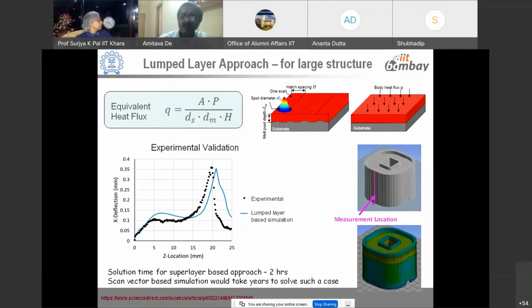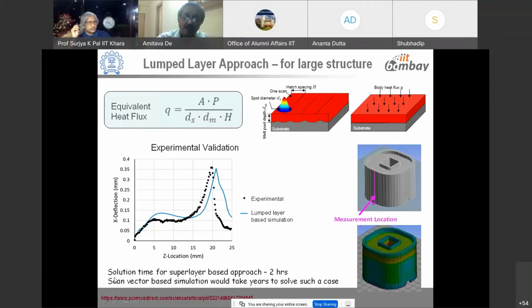We have just seen the beginning of them because these models also require a lot of calibration, as you can figure out: if multiple layers are lumped into a single layer deposition, we are losing the local thermal history. This is a big task, how to interpolate the local thermal history into a larger thermal mass. So there is a lot of calibration involved in such a model.